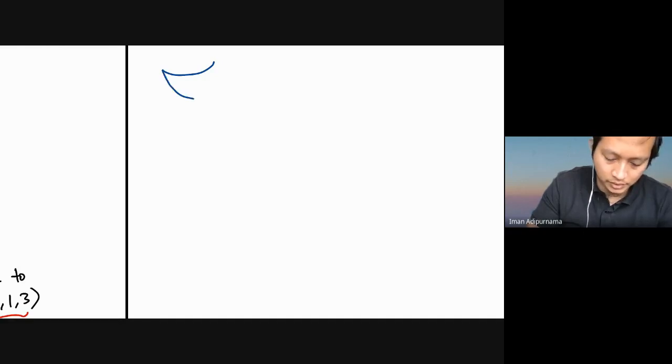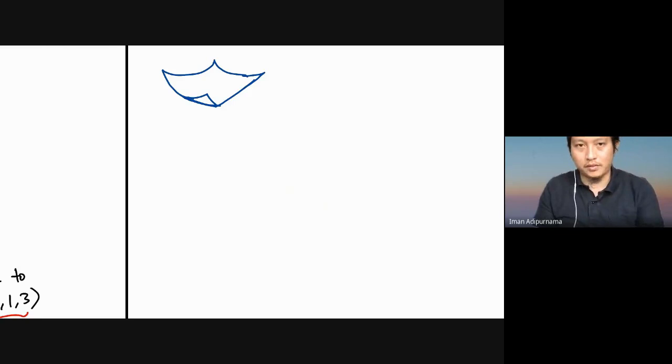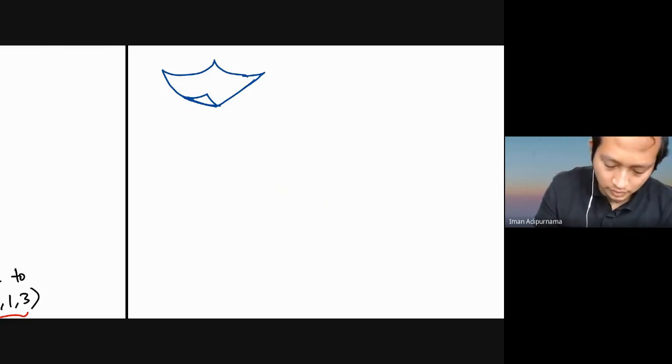Imagine the surface is looking like a sheet of paper, right? And if this is a surface, and maybe I have a point here, and from that point I can create the tangent plane.